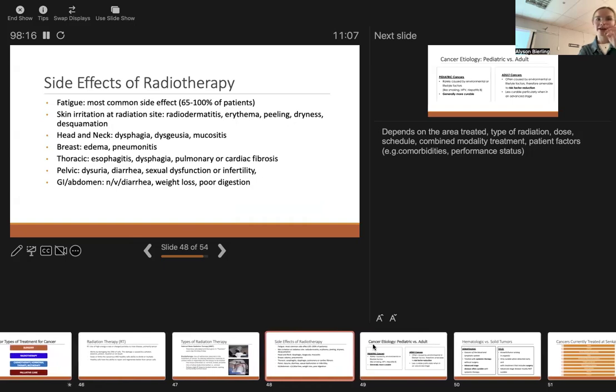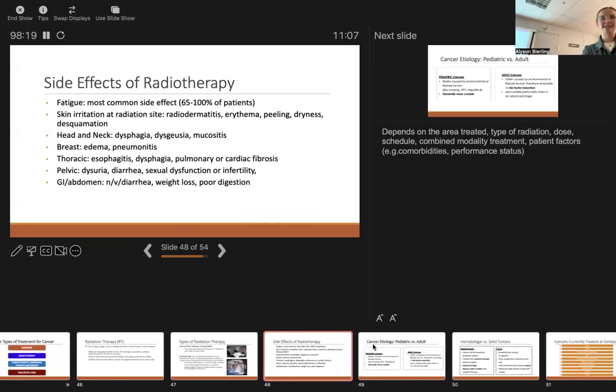All right. So side effects of radiotherapy. So fatigue is the most common side effect. About 65 to 100% of patients, so the vast majority of patients, will experience fatigue. Skin irritation is common, and the irritation is going to be dependent on where the radiation is delivered. For head and neck cancers that are treated with radiotherapy, these patients might experience dysphagia, dysgeusia, mucositis.